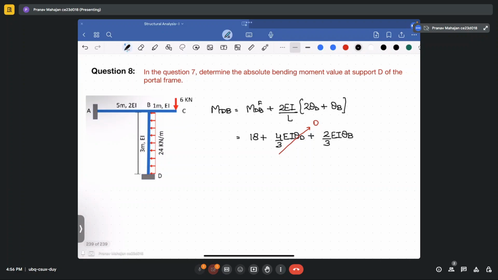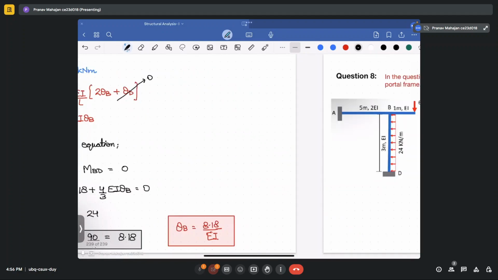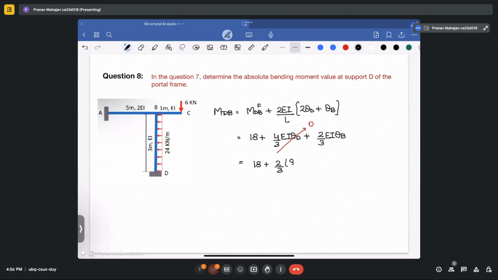So here MD will be equal to 18 plus 2 by 3 times the value of EI theta B you got here. We got it as 8.18, and so you get the value as 23.45 kilonewton meter.